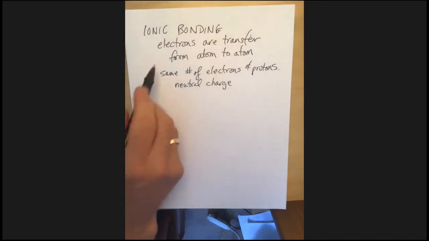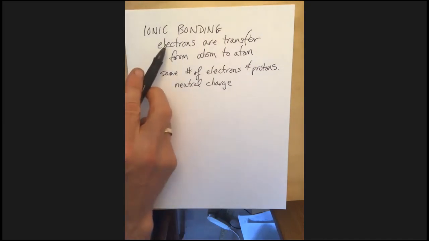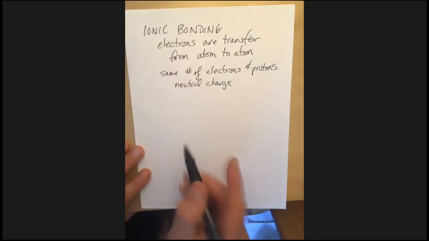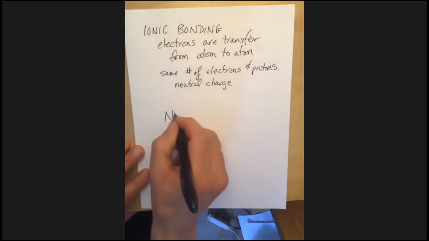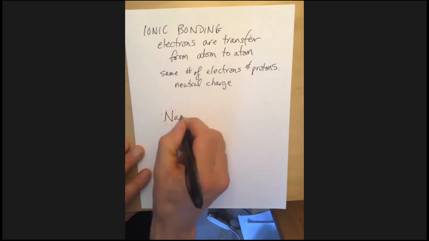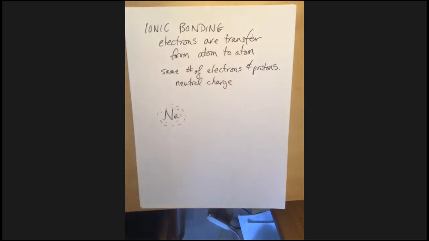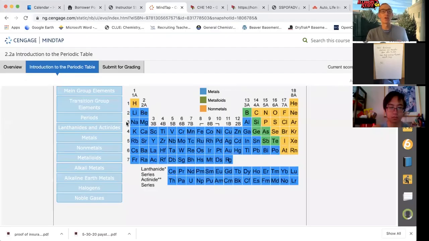But if electrons are transferred from one atom to another, so if I have a sodium atom, let's go look at the periodic table again for a second. If I find sodium over here in group 1, that reminds me that sodium has 1 electron in its outer orbital.